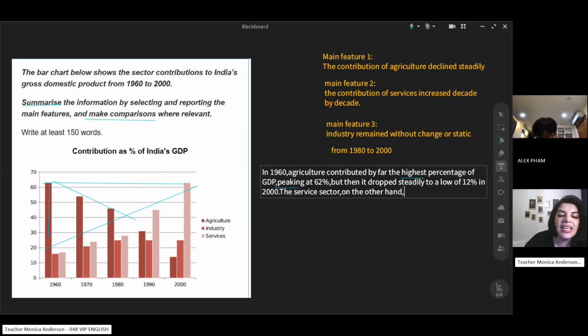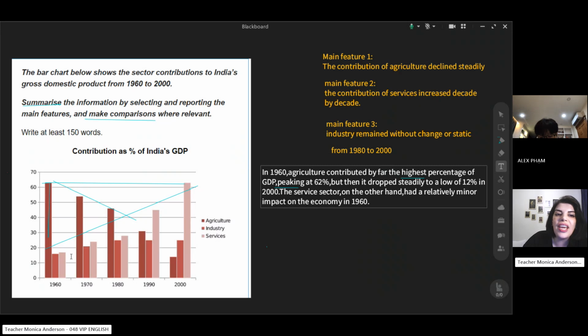On the other hand, at the beginning, it had a really minor, really small, little impact, almost the least impact, on the economy, gross domestic product, in 1960.